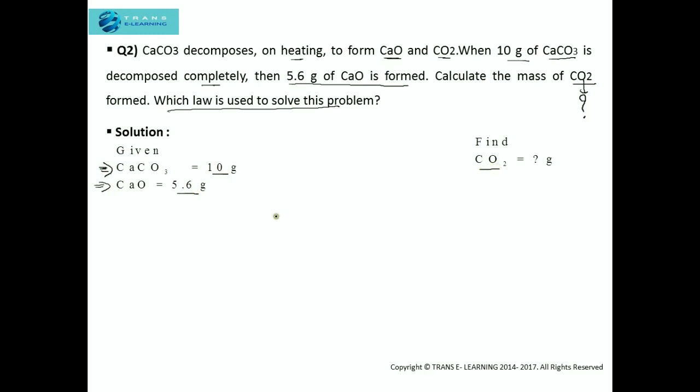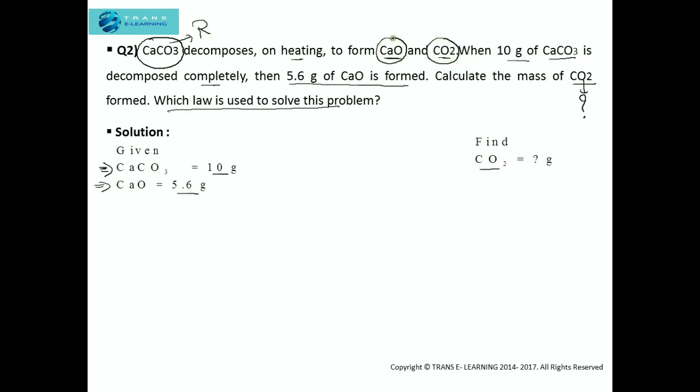The second step is to write the chemical equation, and for that we need to figure out the reactants as well as the products. So let's read the question again. Calcium carbonate decomposes. That means initially calcium carbonate is present, so this is the reactant. It decomposes on heating to form calcium oxide and carbon dioxide.